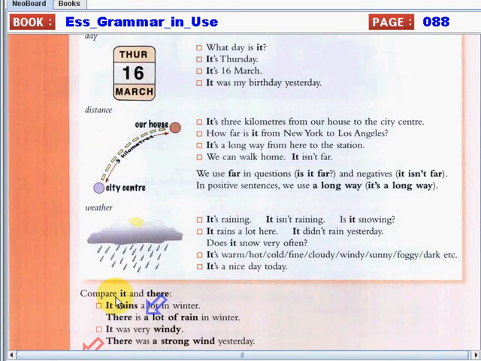Let's go now to compare "it" and "there." Let's read the first example. It rains a lot in winter. There is a lot of rain in winter. So we use "it" here to emphasize a term that is not itself a subject.